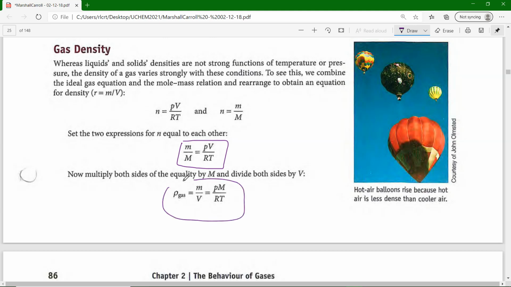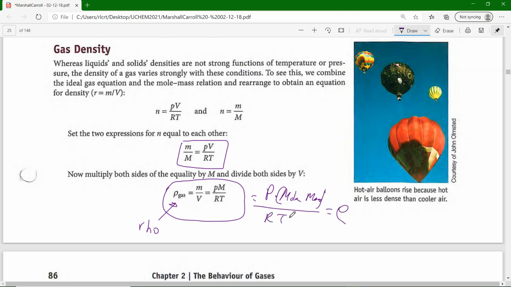So the density of the gas, which can be represented by the Greek letter rho, is going to be pressure times molar mass over R times T. That equals the density.